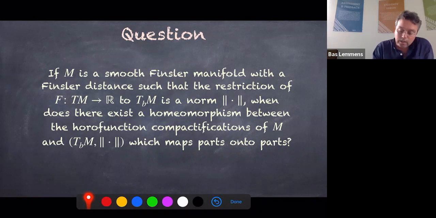Meaning, is there a homeomorphism between the Horo compactification of M and the Horo compactification of this normed space, which maps parts onto parts? That would be nice because it would allow one to study the Horo compactifications of these manifolds by just looking at the Horo compactification of normed spaces, which is better understood and more accessible.